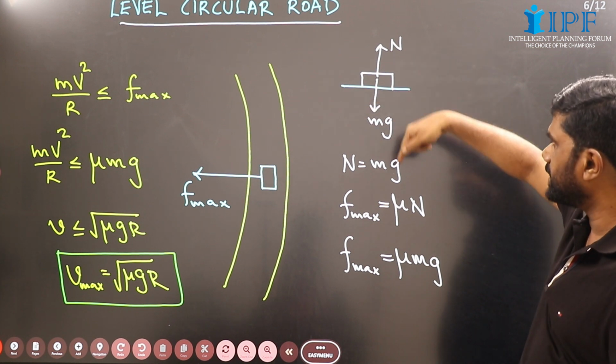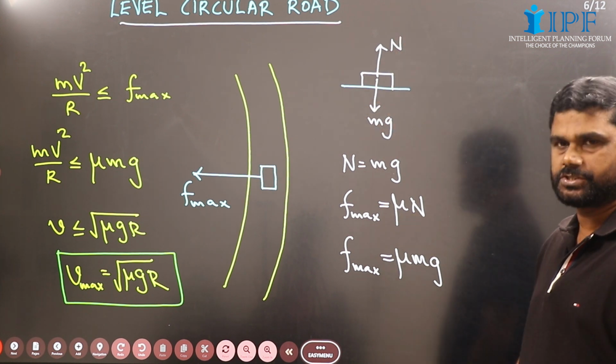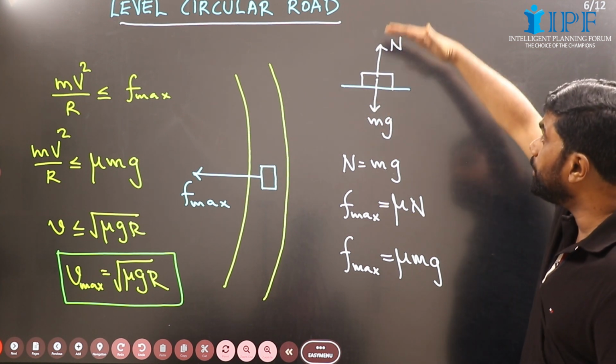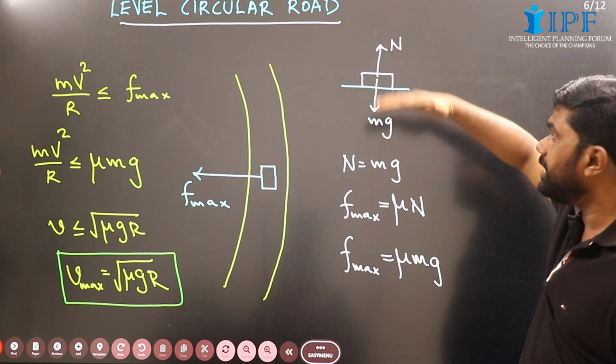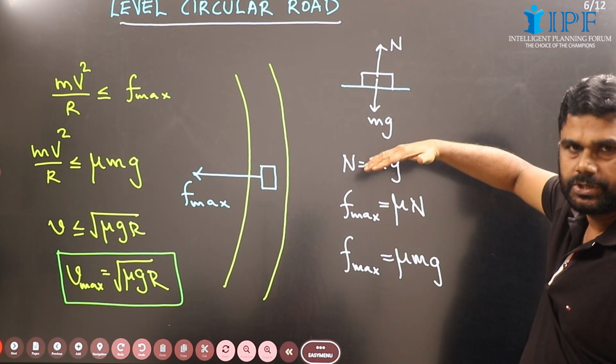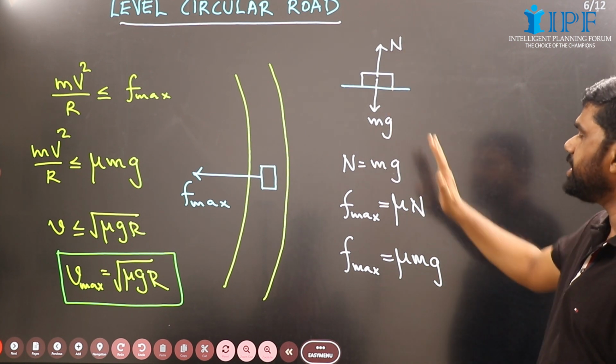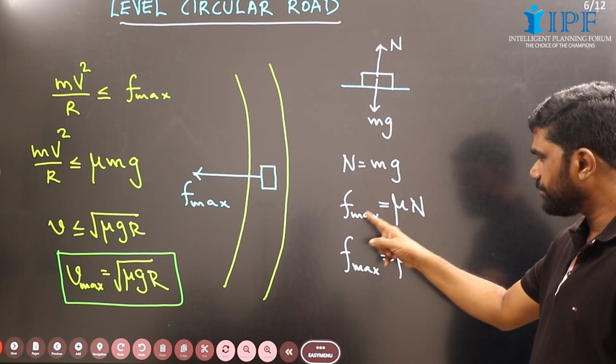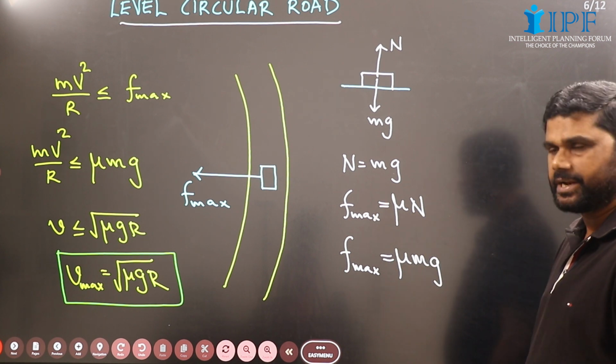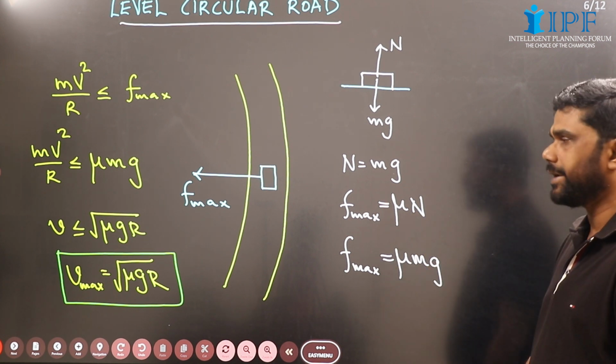So the weight will be acting downwards, normal reaction upwards. The body is in equilibrium along this direction. It won't be moving like this. So the force acting upwards must be equal to the force acting downwards. So N equals mg. The maximum friction F max equals mu into normal reaction, or F max equals mu mg.